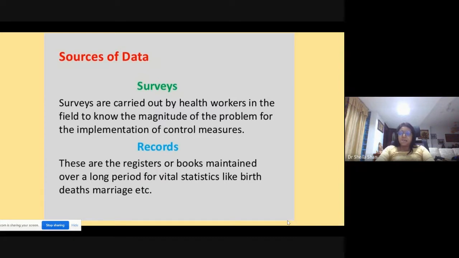Yeah, surveys are carried out in many ways. Or you can also get data from records, like records over a long period of statistics like birth, death, marriage, and all that.